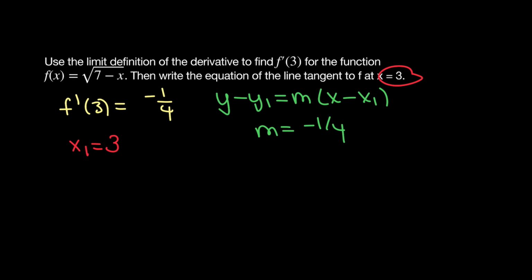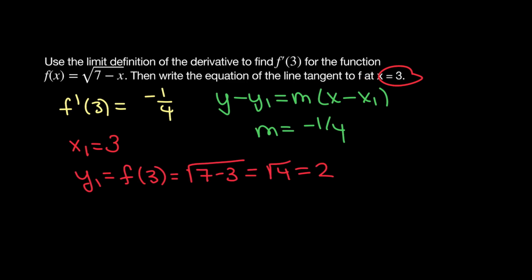And so in this case, we can use the point x equals 3, since that's our point of tangency. So my x1 is going to be 3. And I'm going to find my y1, the y value of that point, by just plugging 3 into my function. F of 3, we did this computation before, but we could do it again, is going to be square root of 4, or 2.